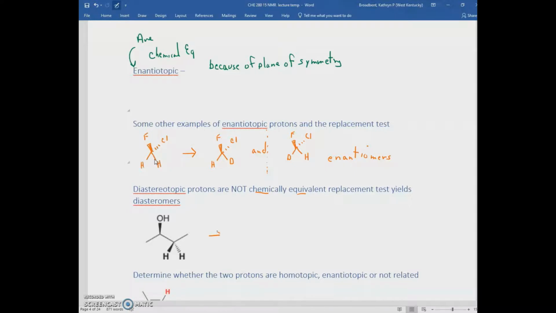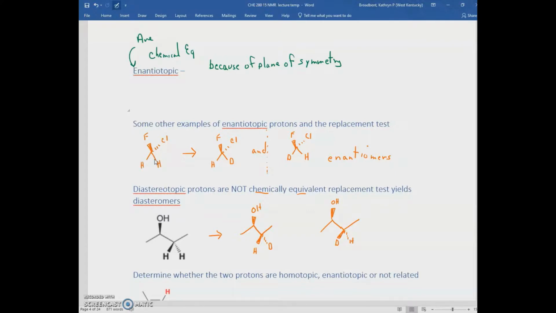So if we do the replacement test here, we get a hydrogen on the top here, and now we've got a deuterium down there, and we get the deuterium coming toward us here, and the hydrogen going away, and we're going to leave the hydroxy in the same position.